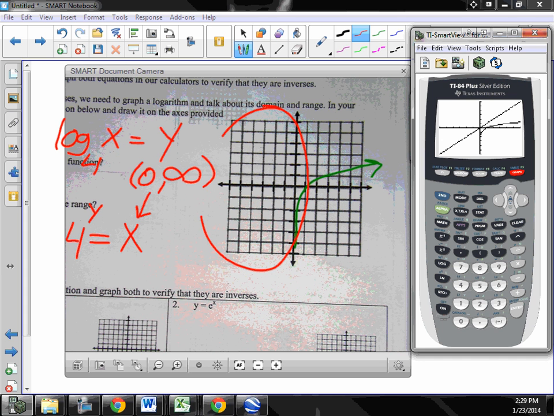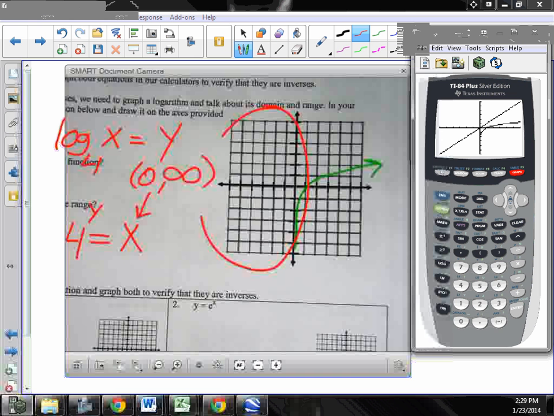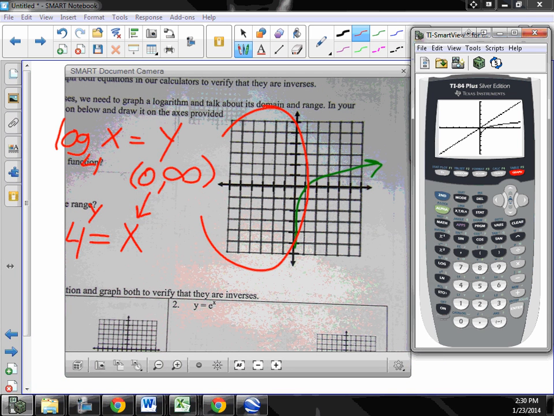Why is that? Why does it work? Okay, so 1 is sort of a breaking point for the y's. So we're going to test everything against 1.